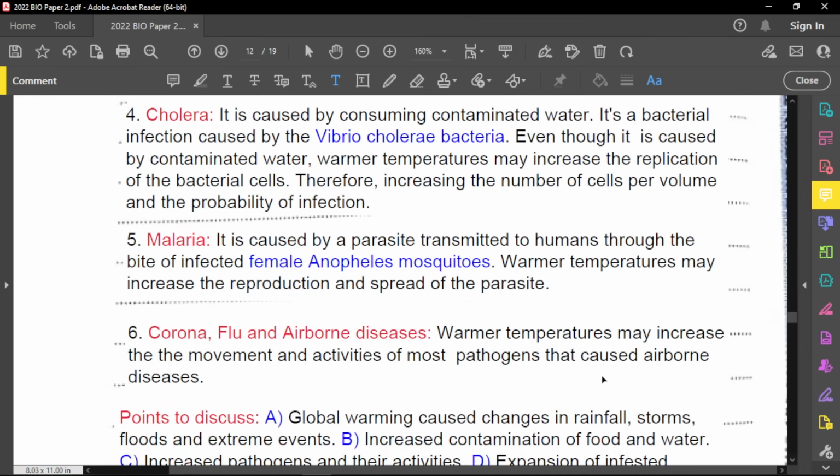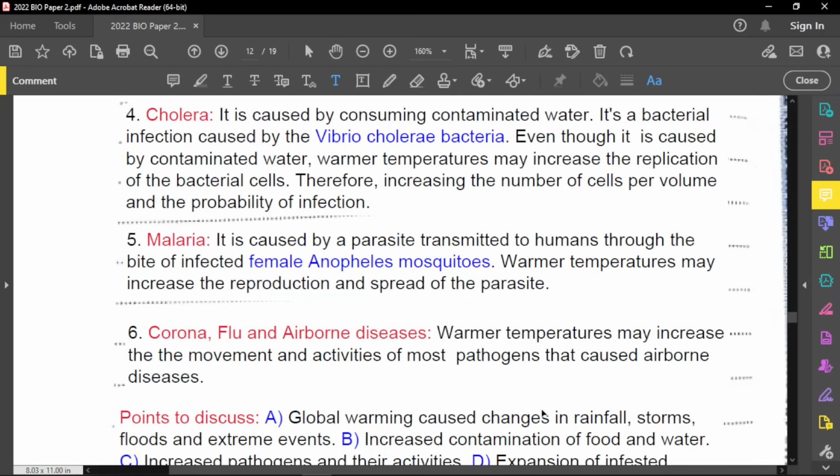Simply put, warmer temperatures may increase faster movement and activities of most pathogens that cause airborne diseases. Because remember now, gases will move faster. So anything that is airborne or attached to gas molecules or air or water molecules in the atmosphere, warmer temperatures cause them to move faster and spread to a farther space or take up more space. And so therefore, a higher chance of infection.